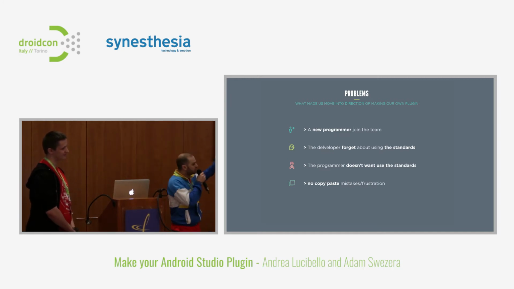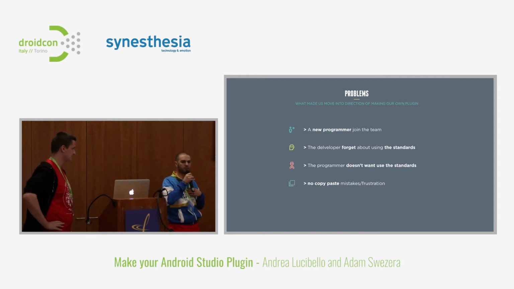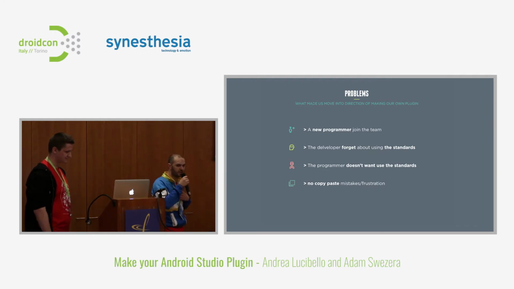The last problem is when a senior developer comes into our team, for example, for a small period, and he says, you have a standard, but I have my own standard. That is quite strange, the sentence, I have my own standard, when you work in a team that has its own standard. Anyway, we need something that forces the developer to use the company standard.